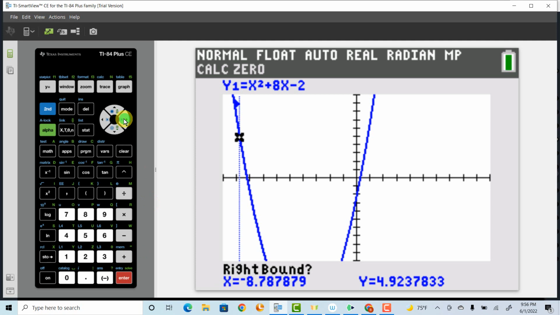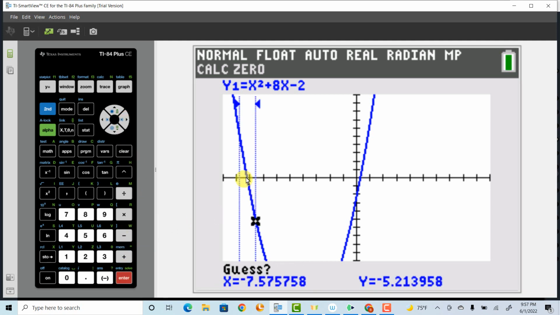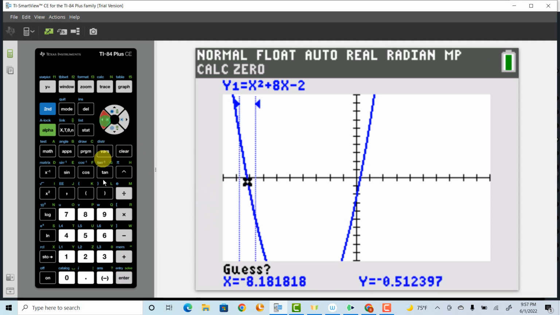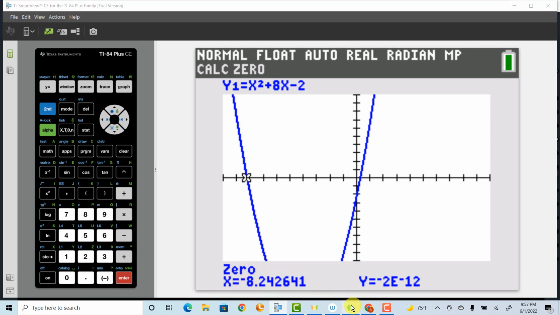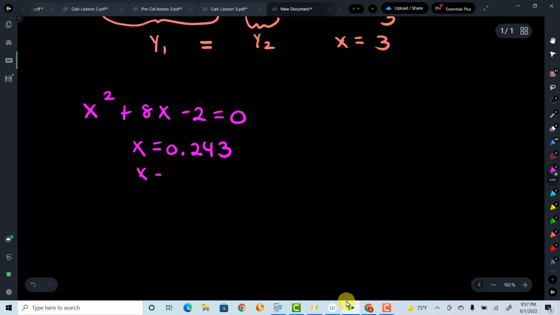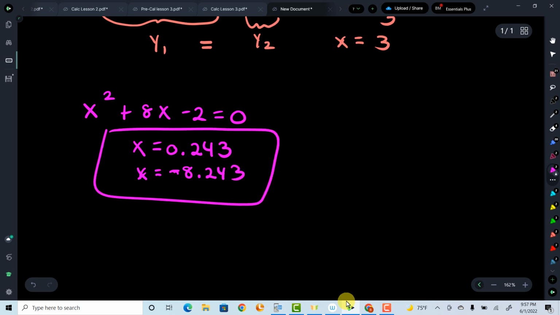Now I need to get to the right of it and press enter. So now my point is between those 2 dotted lines. Now it's asking for a guess. Press enter. So we have negative 8.243. There's my solution to that quadratic equation.